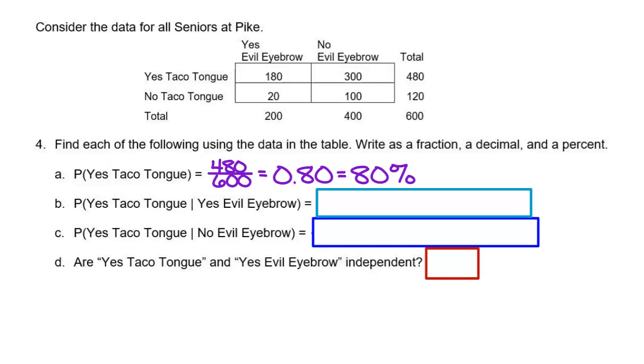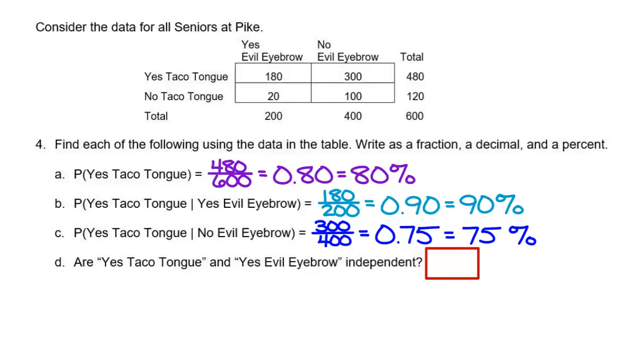What's the probability of yes taco tongue given that yes evil eyebrow? 90%, 180 out of 200. What's the probability of a yes taco tongue given no evil eyebrow? 75%, 300 out of 400.